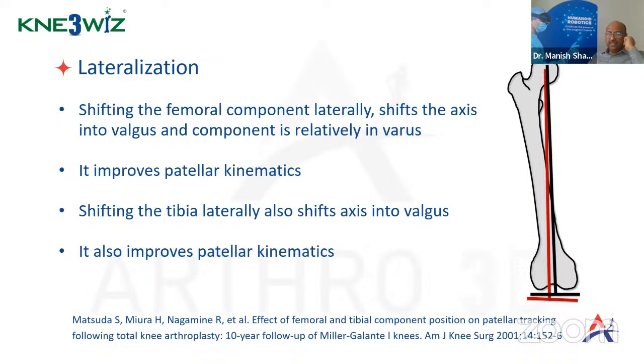Shifting the tibia laterally also shifts the axis into valgus. And once again, that also improves the patellar kinematics. So quite often, when we just look at alignment, we do need to factor in the lateralization which comes in. And hence, for a pure kinematic alignment, they aim to keep the femoral component bang in center.